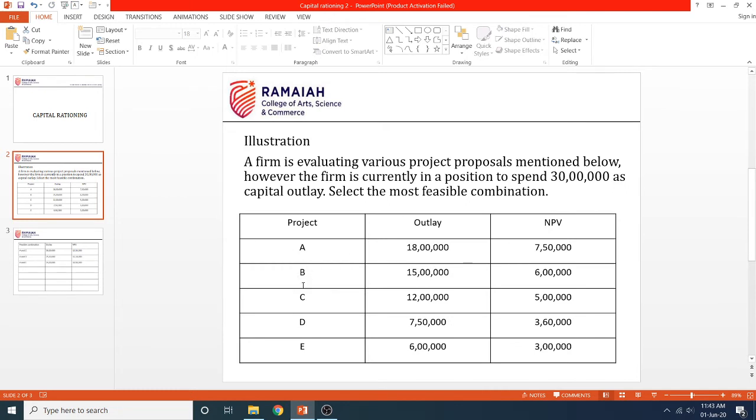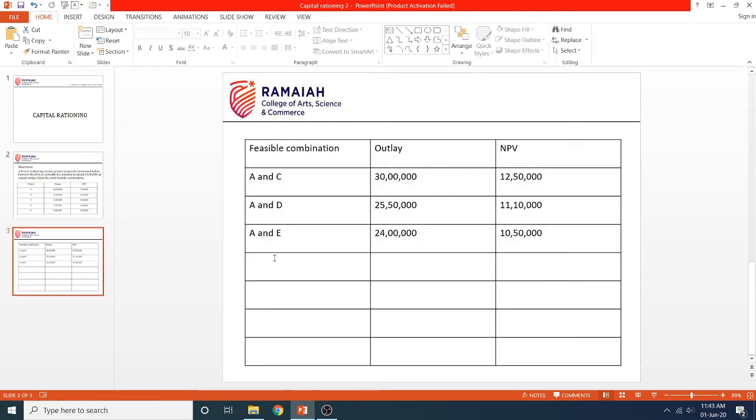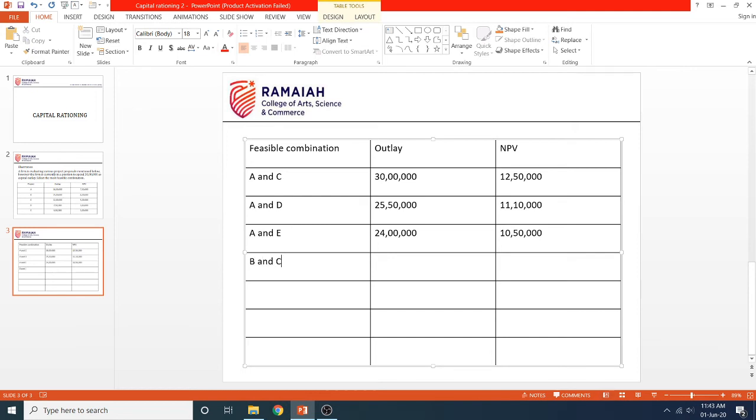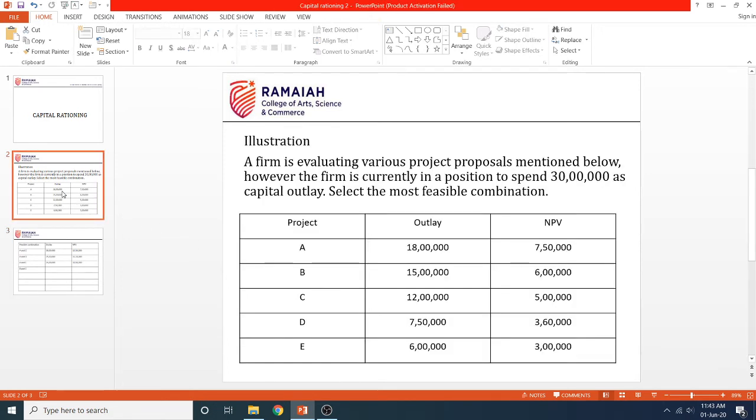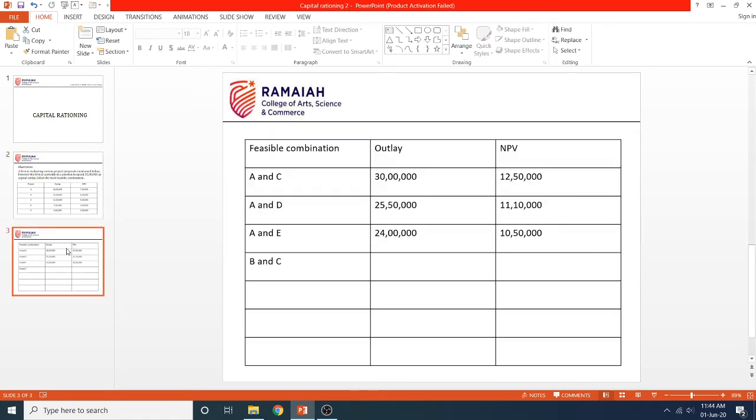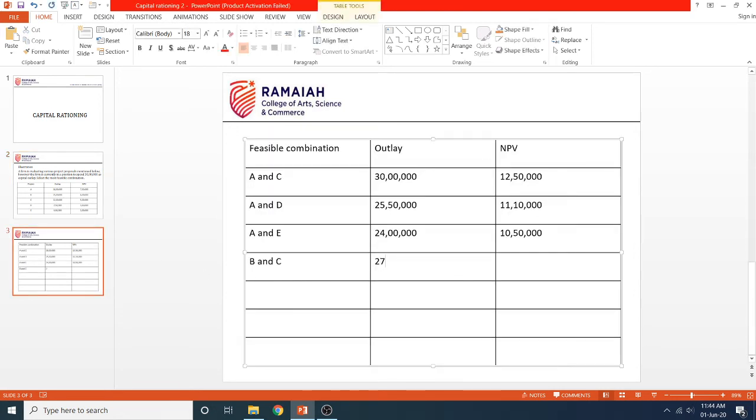A is done. Now B. Can we consider B and C? Yes. The total outlay will be 27 lakh and total NPV will be 11 lakhs. Right.